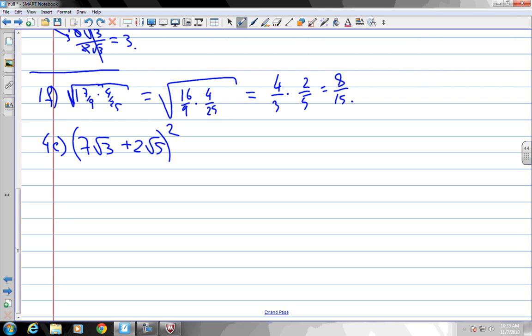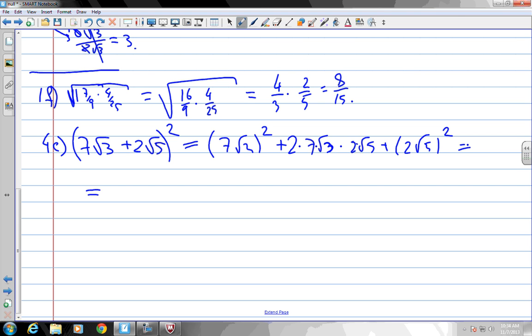But the big thing here is to realize that this is your a squared plus 2 times a times b plus b squared formula, right? This is your square root of some formula. So that's the big thing, okay?